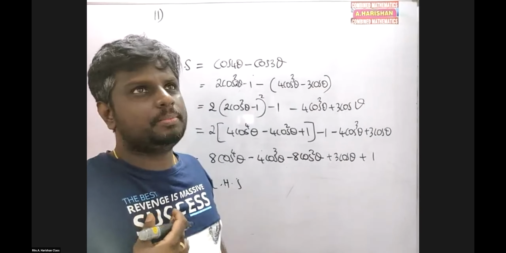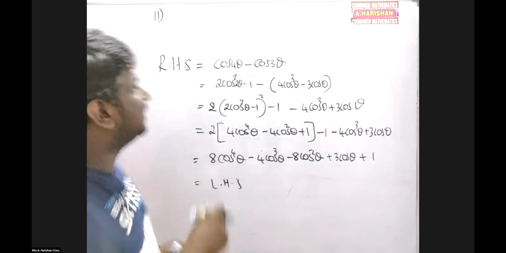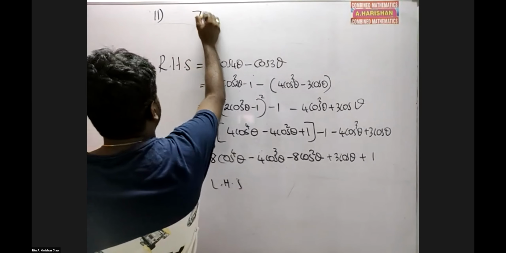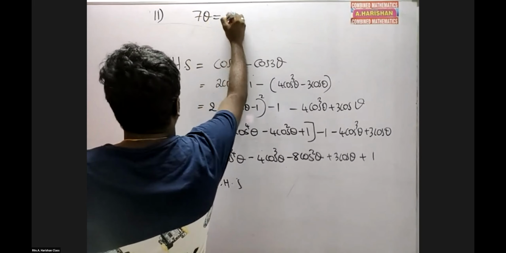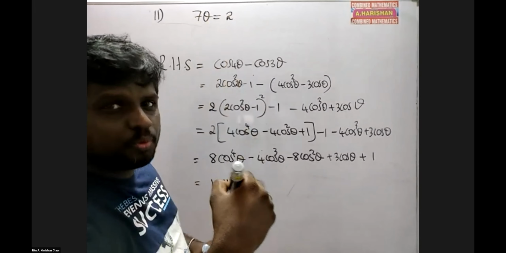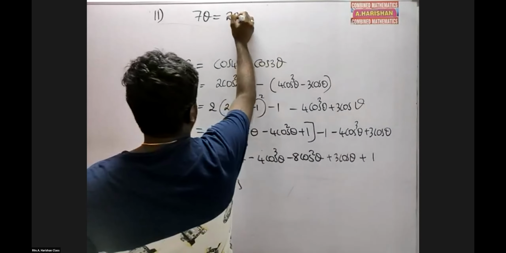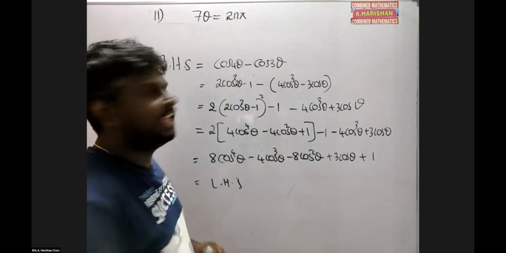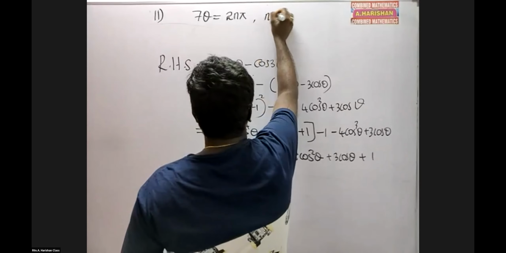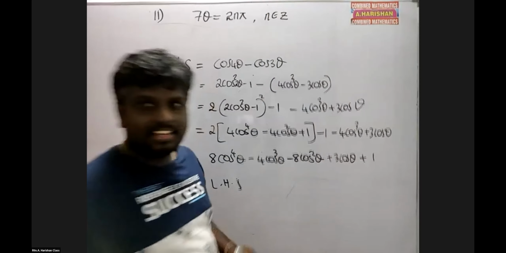What do you mean by integer multiple? Oh, I got it. So we start from that 7 theta is an integer multiple of 2 pi, which means I multiply that 2 pi by n. I put n, and I say n belongs to Z.